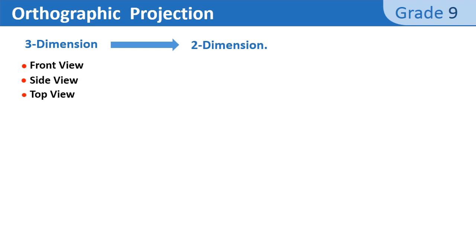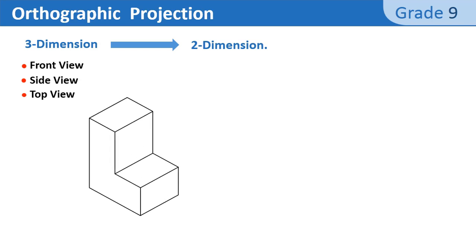Let us take a simple example. So here is an L-shaped block in isometric projection, and there will be different arrows which show the front view, side view, and top view.